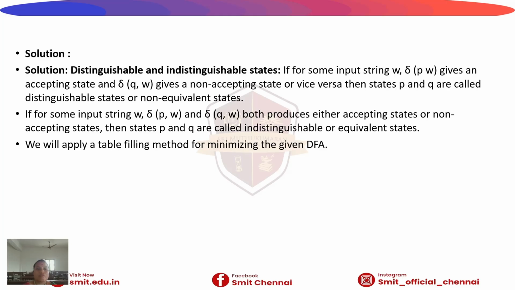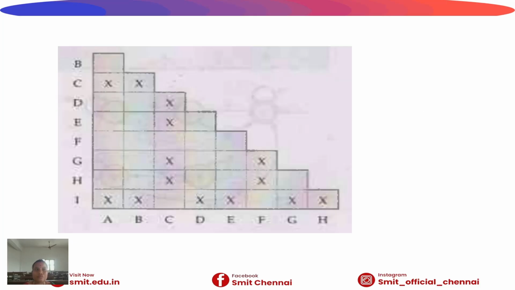If for some input string W, delta of P comma W and delta of Q comma W both produce either accepting states or non-accepting states, then states P and Q are called indistinguishable or equivalent states. So we will apply the table filling method for minimizing the given DFA.